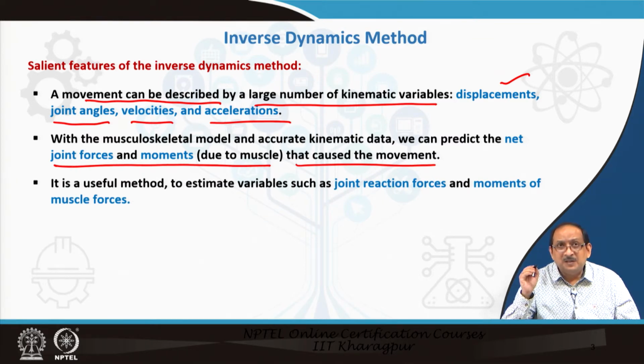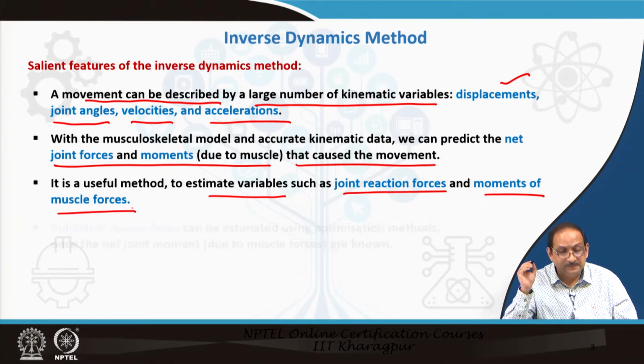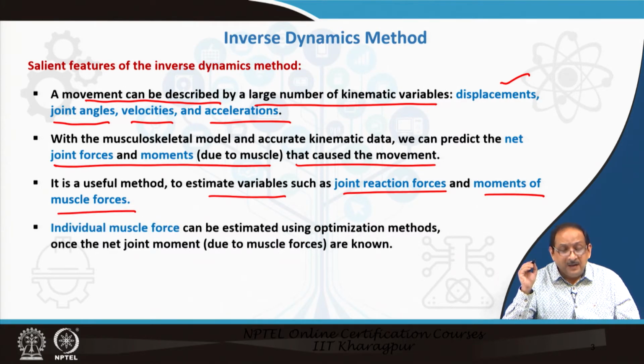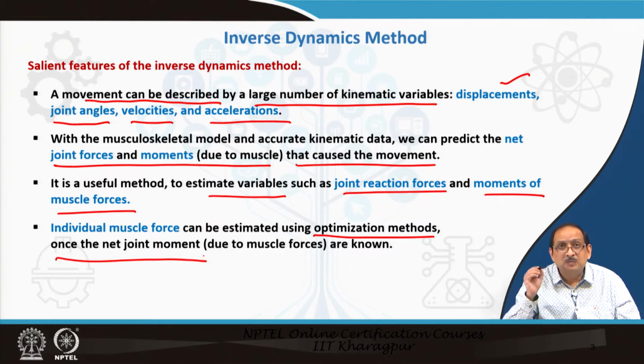The inverse dynamics method is a useful method to estimate variables such as joint reaction forces and moments of muscle forces. Individual muscle force can be estimated using an optimization method once the net joint moment due to the muscle forces is known.